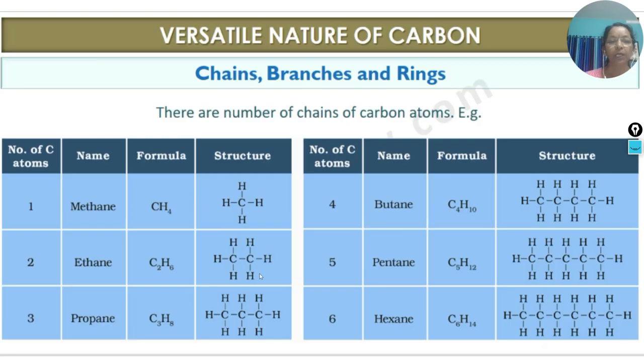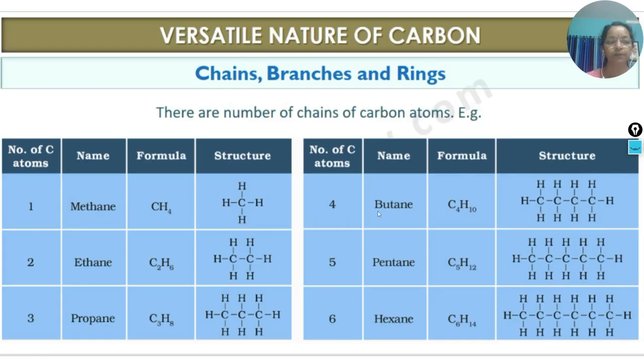Now, what is special about carbon? We already talked, it has a capacity to form chains. Carbon forms a first compound with hydrogen, a second compound with hydrogen. That means two carbon atoms, three carbon atoms, 4, 5, 6, like that, all with single bonds only, no double bond anywhere between carbon.